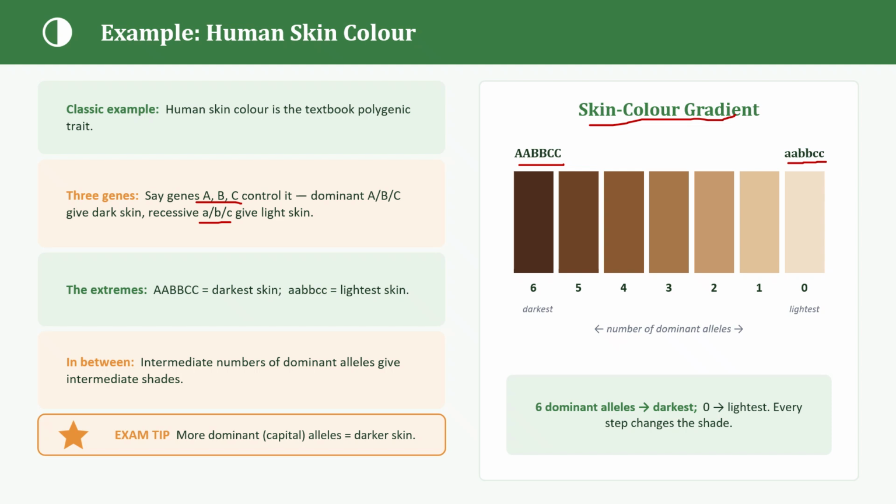These are the intermediate shades. These individuals have different combinations of dominant and recessive alleles.